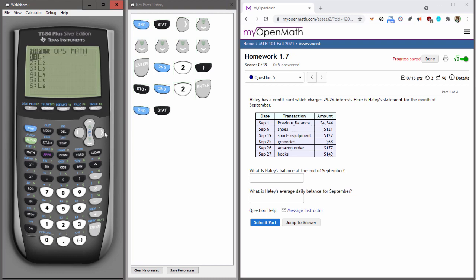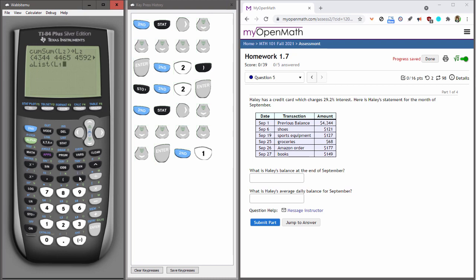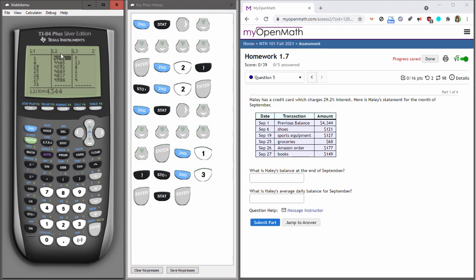And then I'm going to take the delta list on list 1 and store that to list 3. And now I see my balances in list 2 and the number of days each one lasts in list 3.